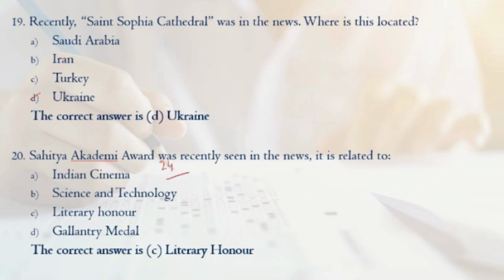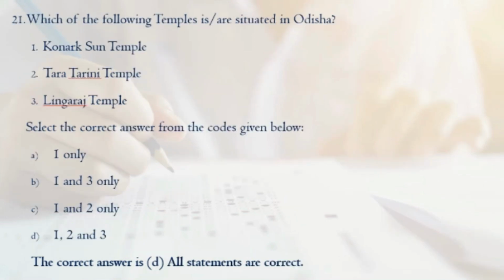Sahitya Akademi Award was established in 1954. It's a literary honor. The first awards were given in 1955. The Sahitya Akademi Awards prize the most outstanding books of literary merit published in any of the major Indian languages recognized by the Academy.